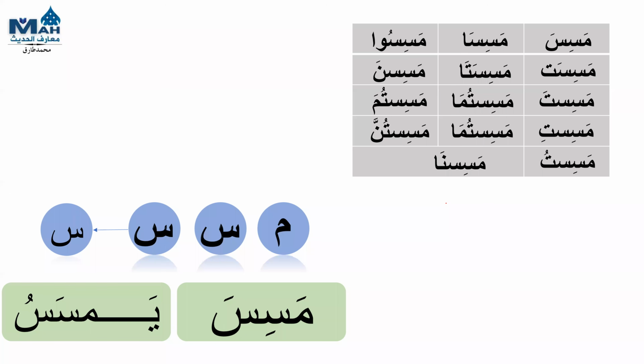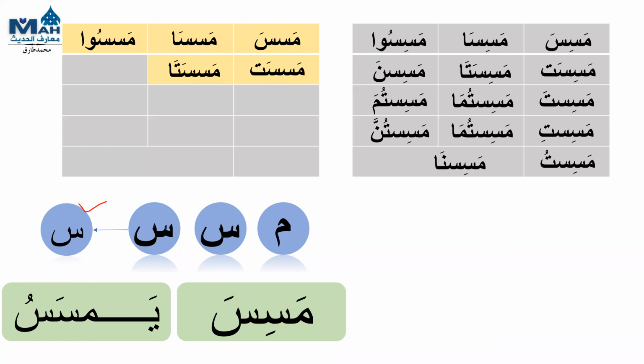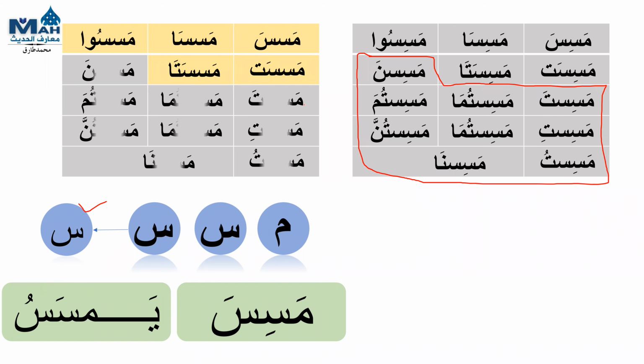Okay, Dr. Smitha. Next we have from chapter Seen, masisa, yamsasu. It is normal. Now, we already know there's no change. And we already learned what we have to do. Now read after merging. It will be massa, sir, because we have fatha on lam.